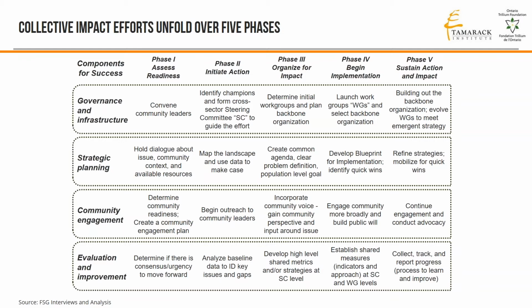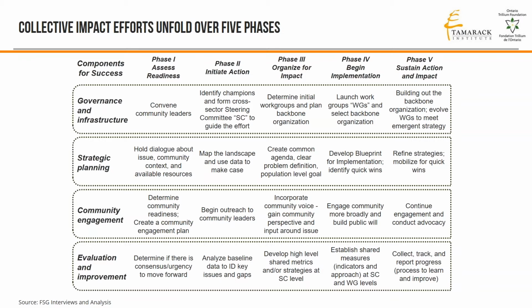I was just doing some work with a group recently, and I said, so in these 5 phases, where do you think you are? And it was really interesting to me. They said, well, part of our work is actually, we're quite far down the road in some elements of our work, so we might be phase 3 or 4, but in other elements of our work, we're still back at phase 1, right?